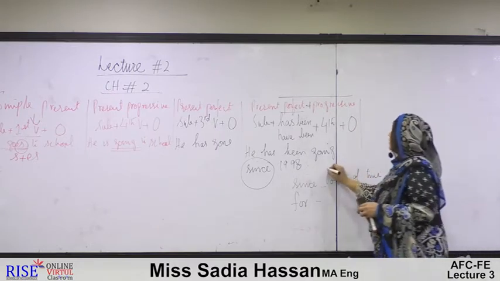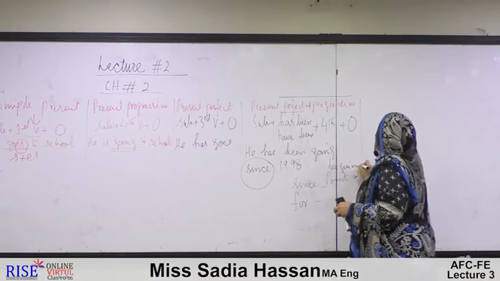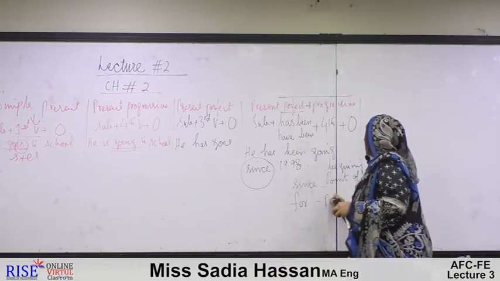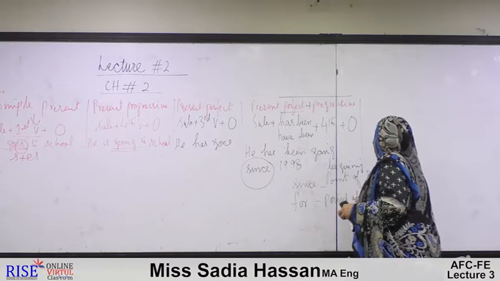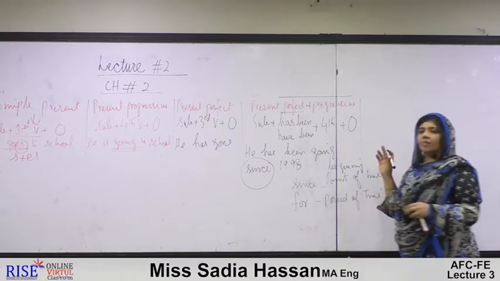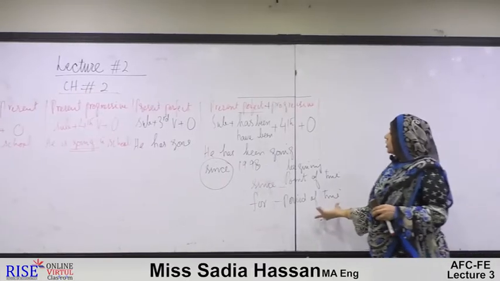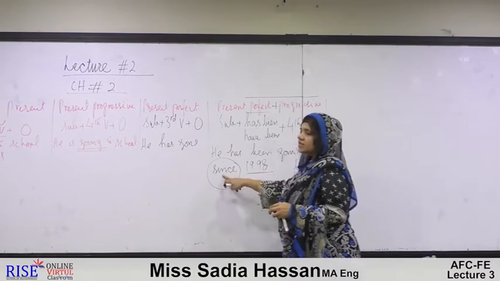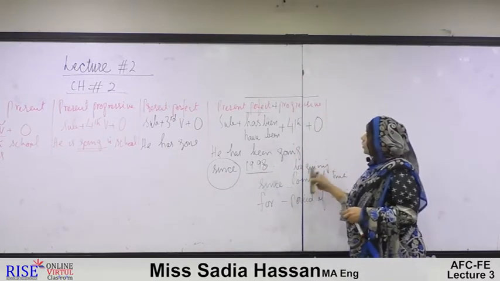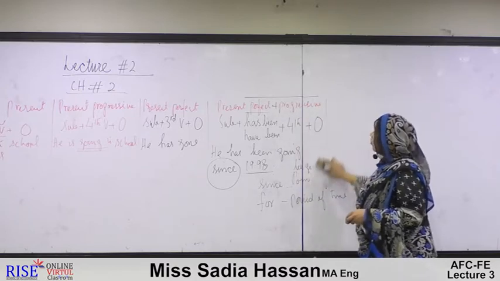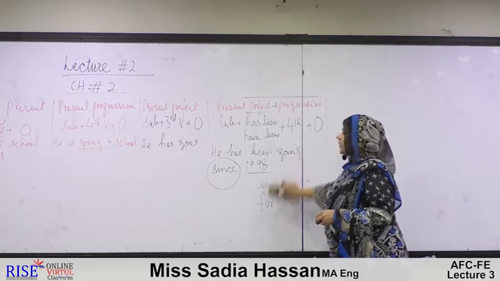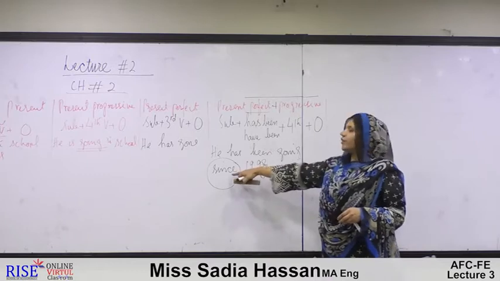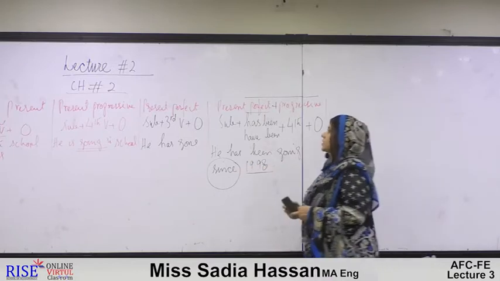Actually we mean the beginning time. When we have been given the beginning time, we use since for that. And for is used for the period of time. It means whenever we have been given the duration of the action, we use for. Okay, here I have been given the beginning time, so I'm using since for that, and this is what we use in the present perfect progressive most of the time. But in modern grammar we see that sometimes we do not even use since in this tense.